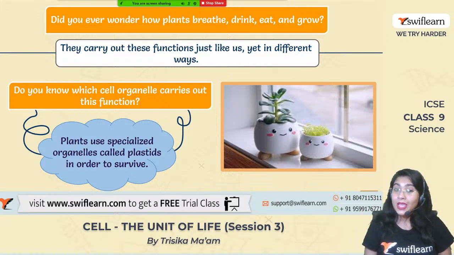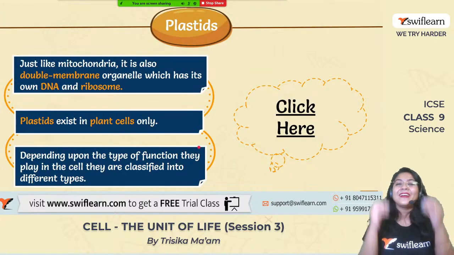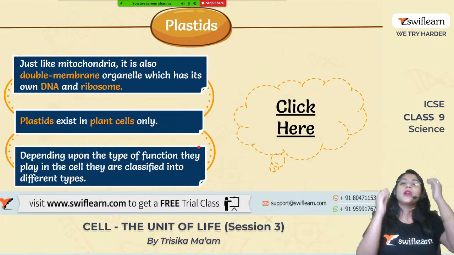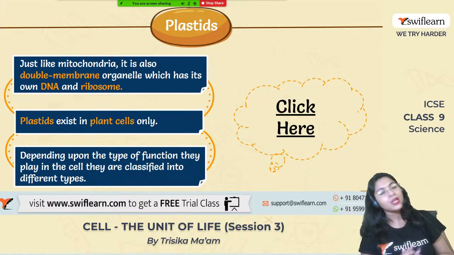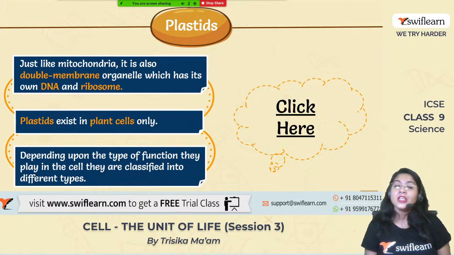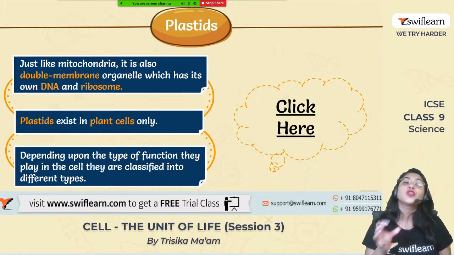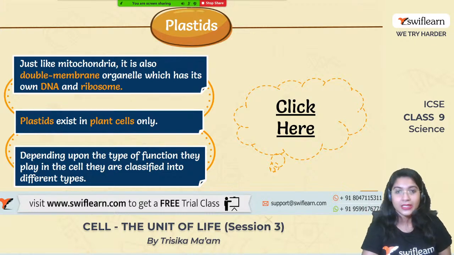Now if we had the plastid, then what would be the color of our body? Please write it down in the chat box. This answer is expected from you. Now let us find out what is plastid. As you have already studied the mitochondria and its structure, similarly the plastids are also double membrane bound organelles, right?